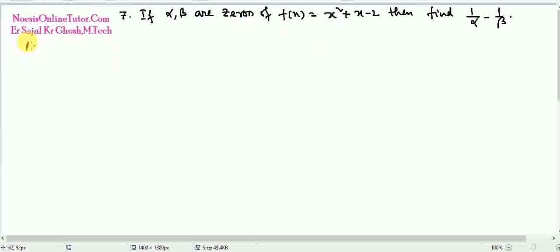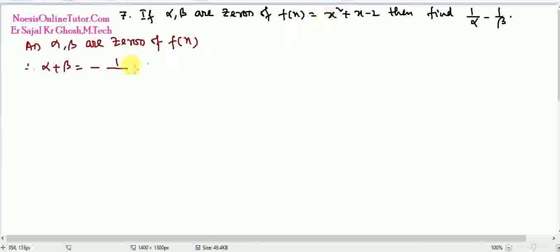Okay, as alpha and beta are zeros of function x, alpha plus beta equal to minus coefficient of x, that means 1, by coefficient of x square, that means again 1, is equal to minus 1, and alpha beta equal to constant part, that means minus 2, by coefficient of x square, that is 1, it becomes minus 2.